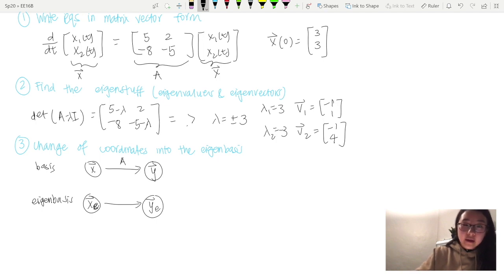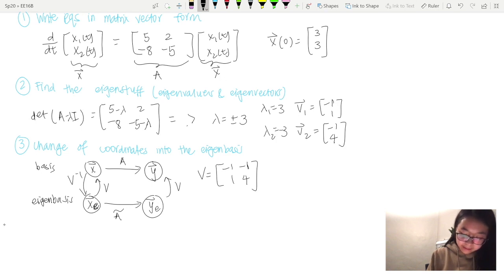Let's call this matrix A tilde instead. And same thing, if you have E, which will be the eigenvectors in the matrix, -1, 1, -1, 4, then V transforms from the eigenbasis back to the original basis, and V inverse does the opposite.